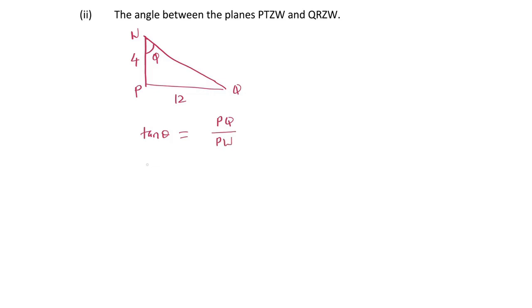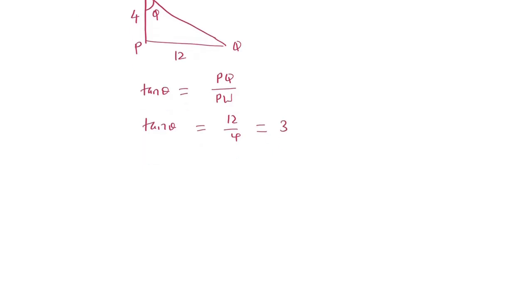We are going to have tan theta equals 12 over 4. Solving this, we get tan theta equals 3. Looking for the inverse of tangent 3 from the table, we have theta equals 71.57, and this is the angle between the planes.